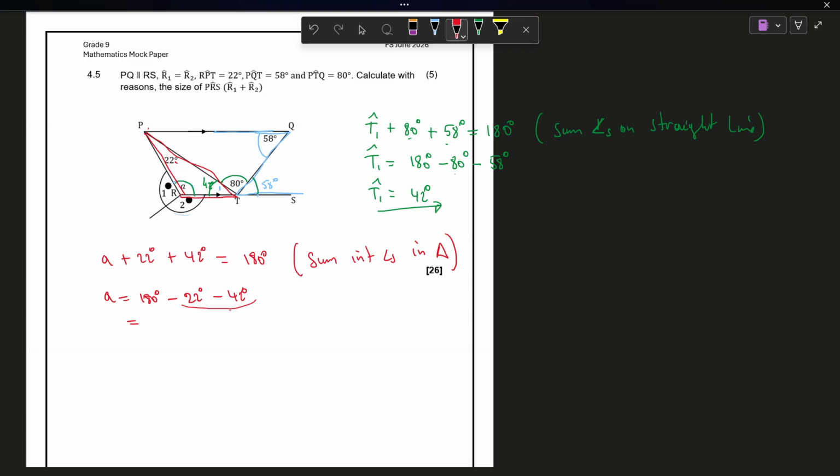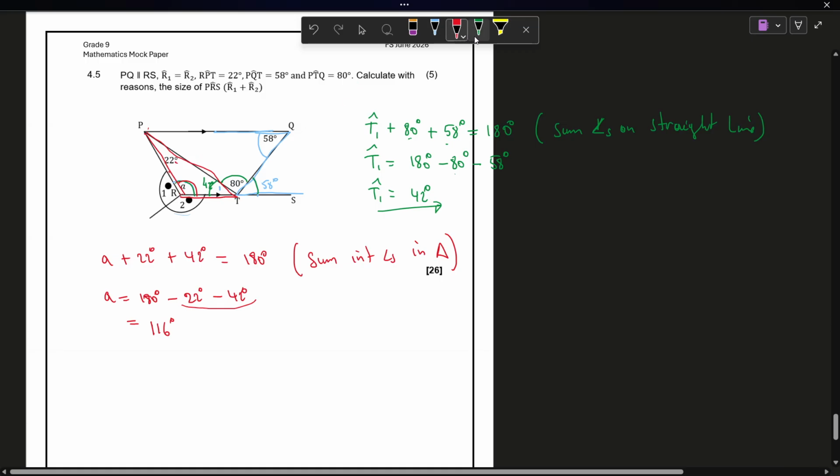And what do we get? So we get 116 degrees. So A will be 116 degrees. And remember, A is the interior side, right? 116 degrees. But what we are asked to find is these angles outside.